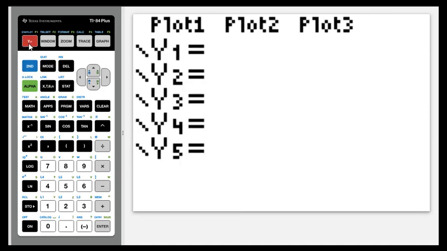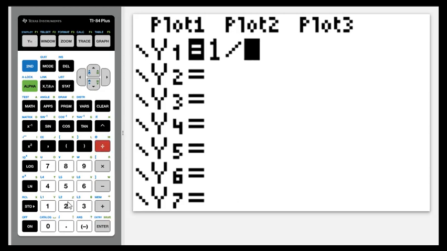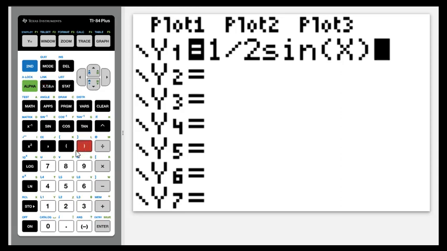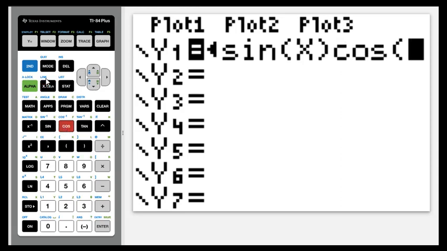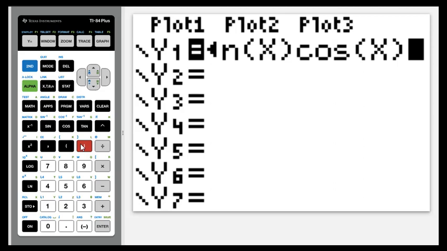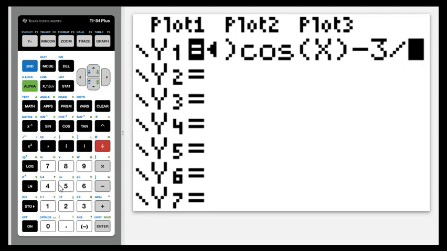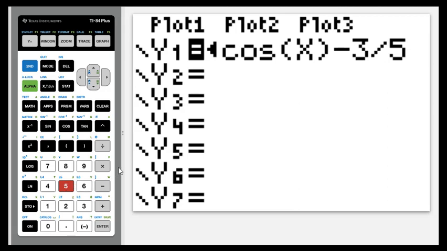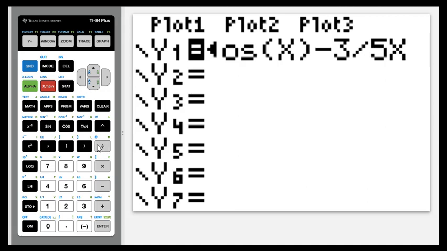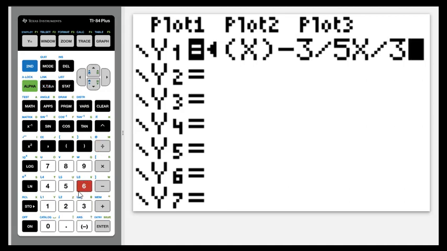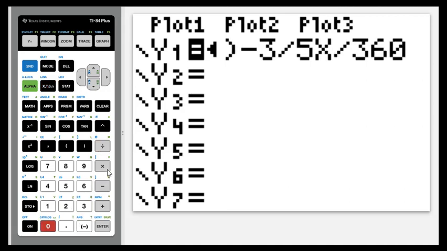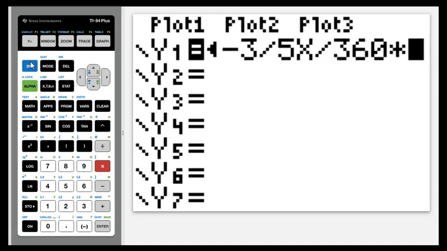Then go to y equals. You will put in 1 divided by 2 sine x parentheses, then cosine x parentheses. Then subtract 3 divided by 5 times x divided by 360 degrees times pi.